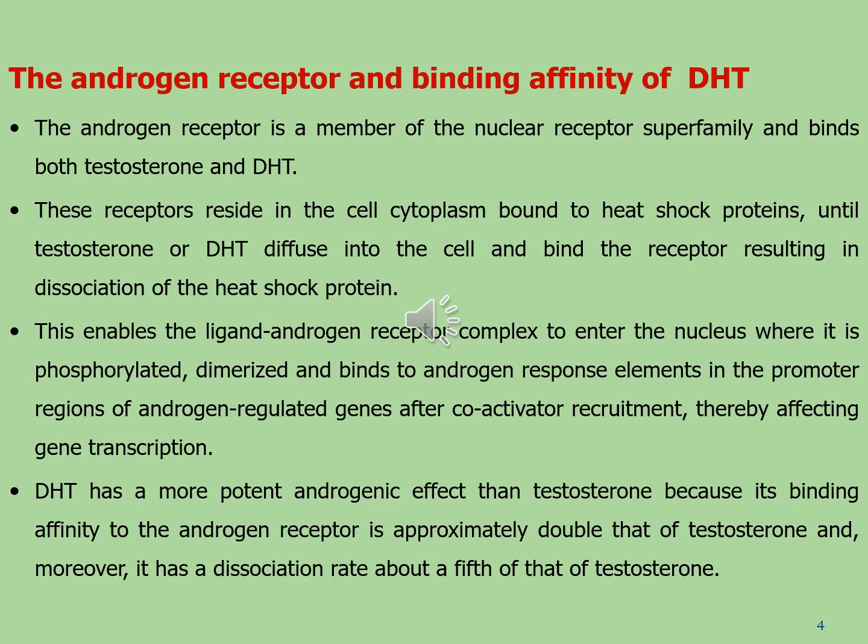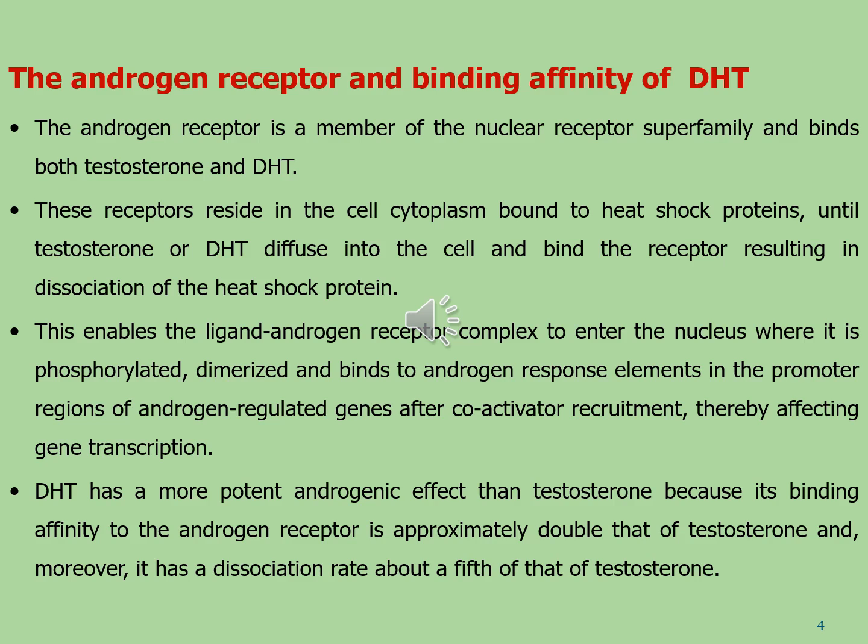The androgen receptor is a member of the nuclear receptor superfamily and binds both testosterone and dihydrotestosterone. These receptors reside in the cell cytoplasm bound to heat shock proteins until testosterone or DHT diffuse into the cell and bind the receptor, resulting in dissociation of the heat shock proteins.